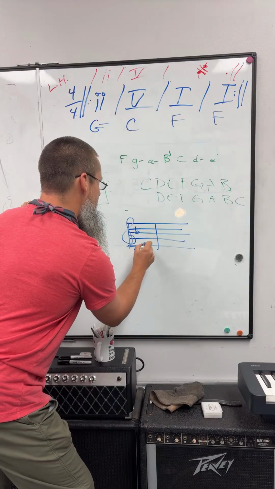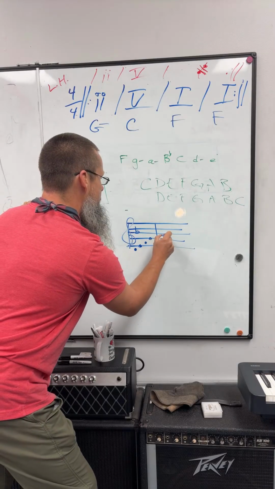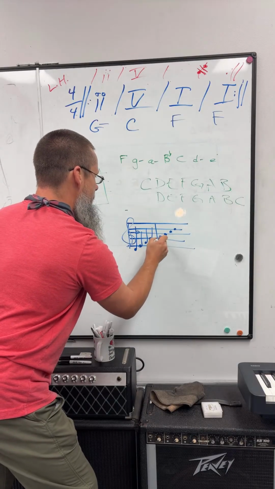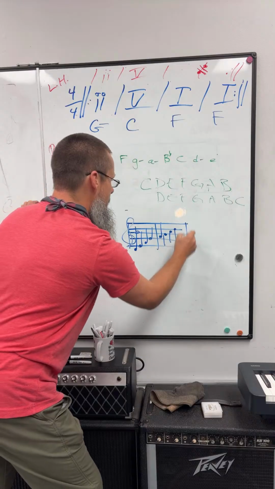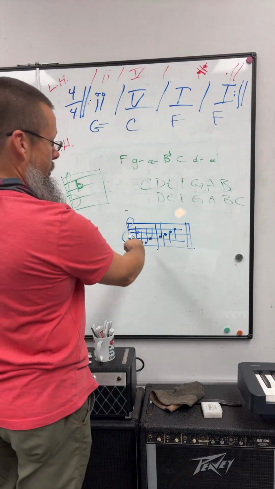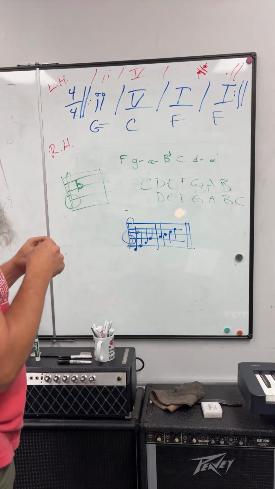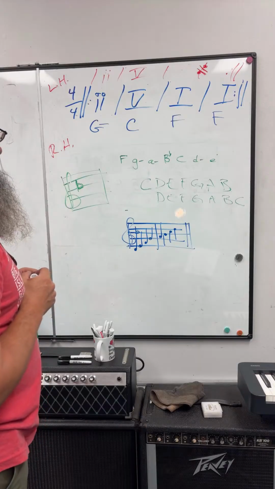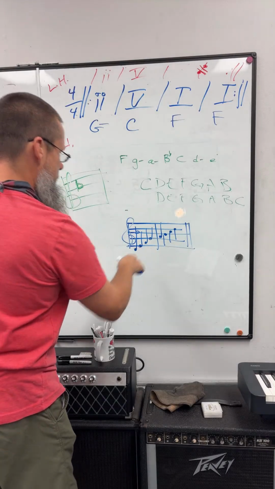One, D, two, E, F, G, A, B flat, C, D. Play this tetrachord right here and play this tetrachord. What's on the board? Just play what's on the board. Really quick, that's a natural. D, E, F natural.